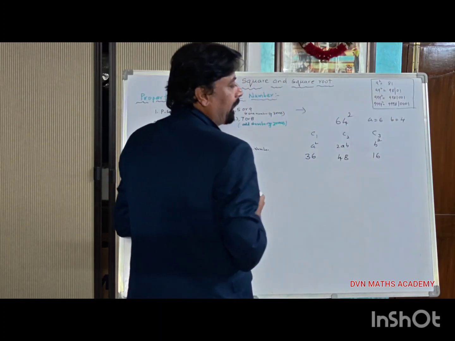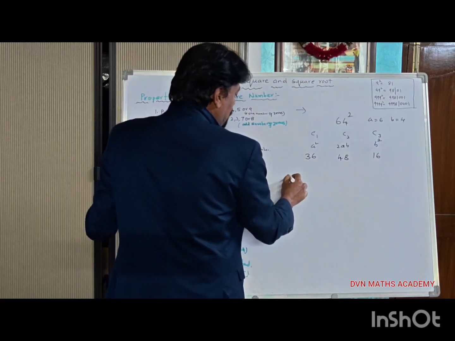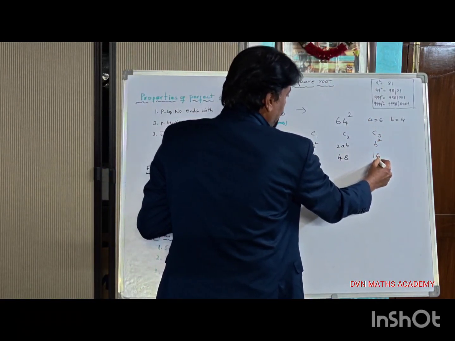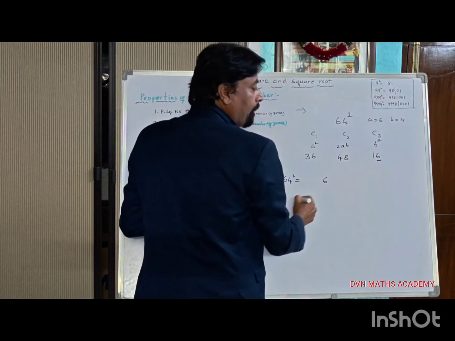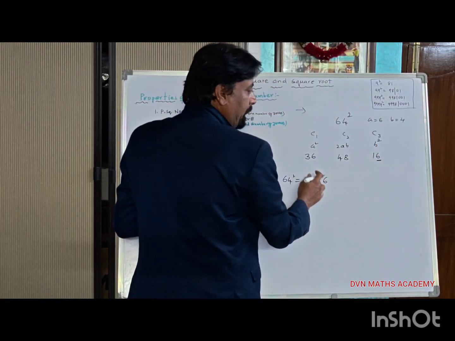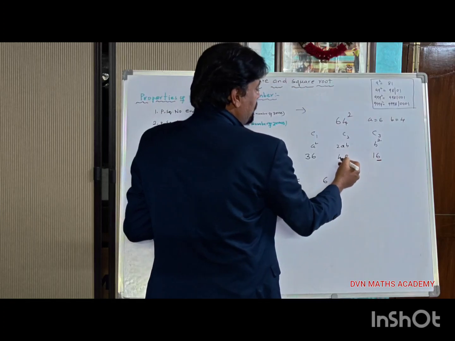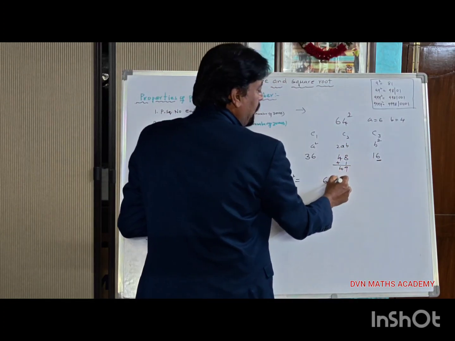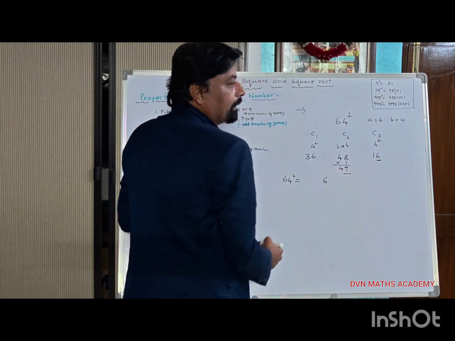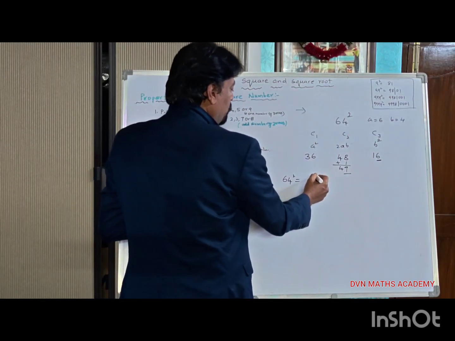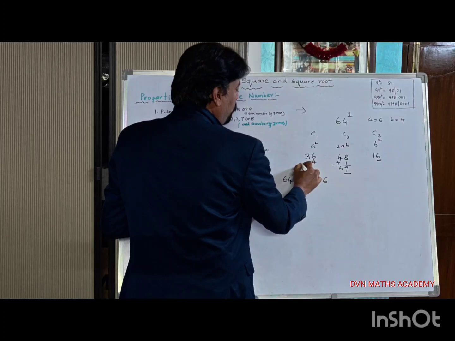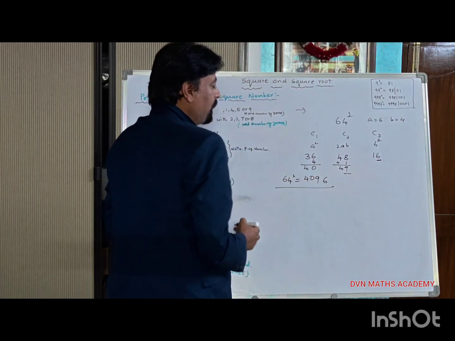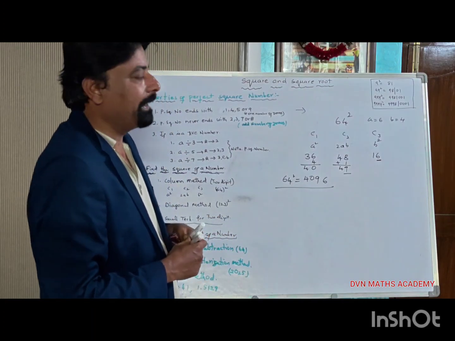So now 64 square: first from column 3 you take the unit digit, that is 6, and you send the tens digit, 1, to column 2 and add it. If you add these two you will get 49. Afterwards you take the unit digit of column 2, that is 9, and add the 4 to column 1, you will get 40. So 64 square is equal to 4096.